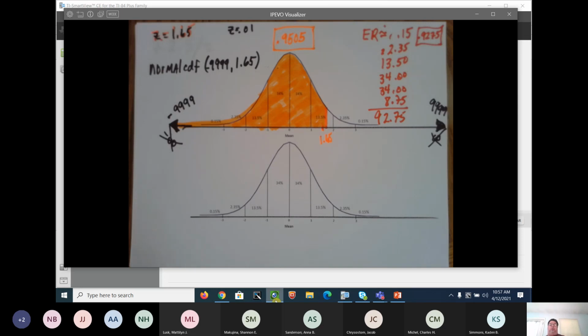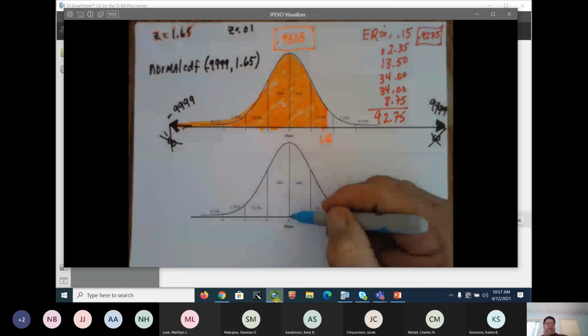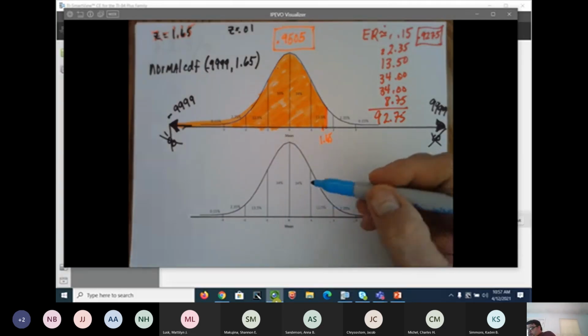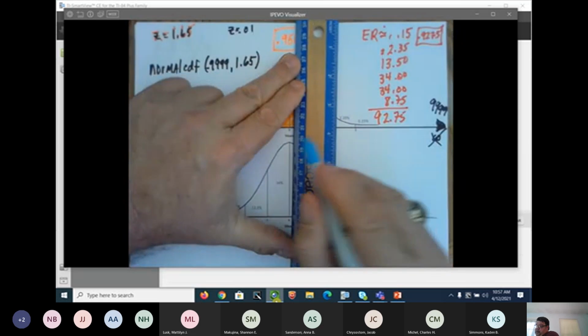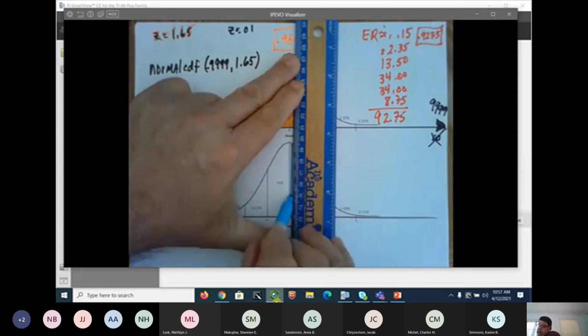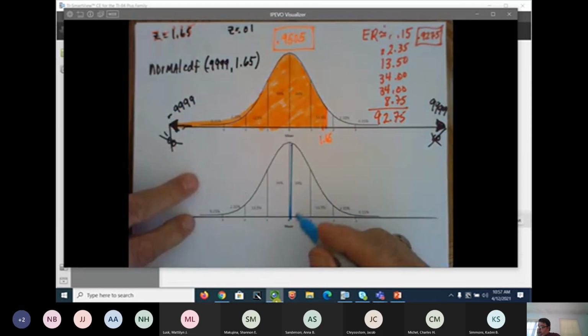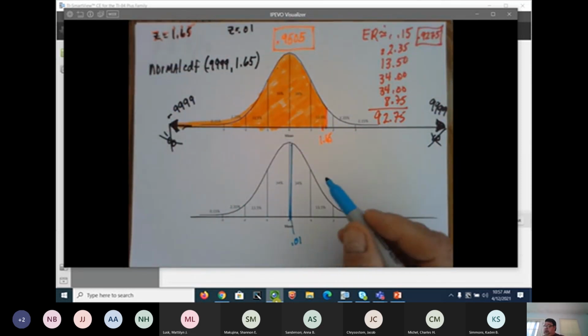Okay, 0.01. Well, 0.01 is just a shade over 0 to the right. Not very much. Very, very close. Okay, so the blue is 0.01. So somebody tell me, without thinking too much, what is our answer going to be close to?